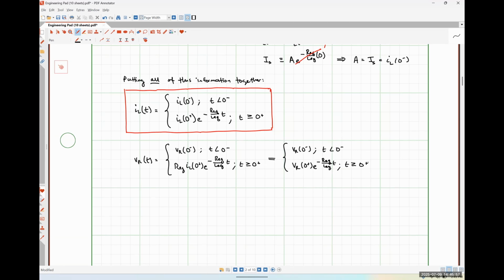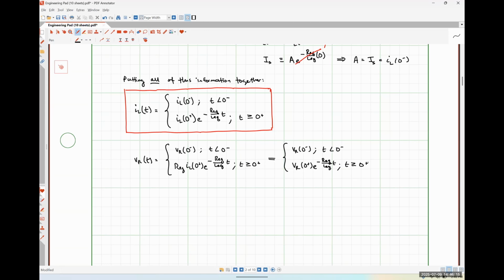So the voltage drop across our resistor has the exact same form as the current flowing through our inductor, which should make sense because the current flowing through our inductor is just the current that's flowing through our resistor.